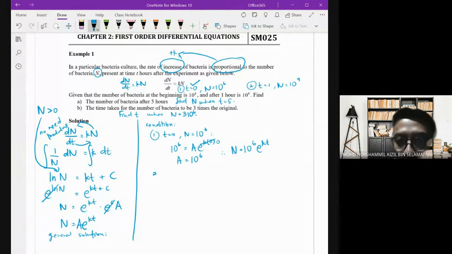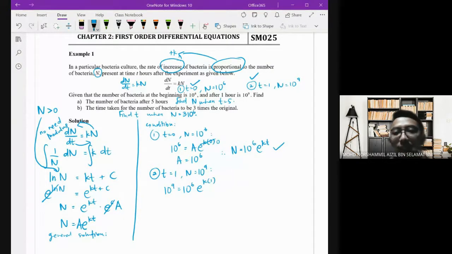That's why the second condition is given. First condition, second condition. So this one, t equals to 1 when n equals to 10 power of 9. So by using the latest general solution, substitute 10 power of 9 equals to 10 power of 6 exponential kt, k times 1.